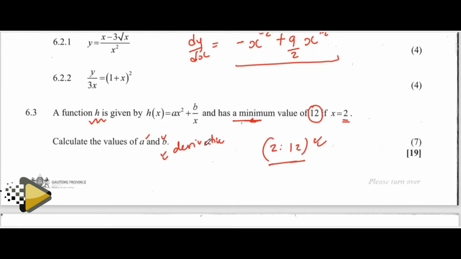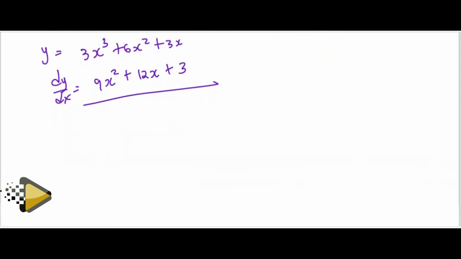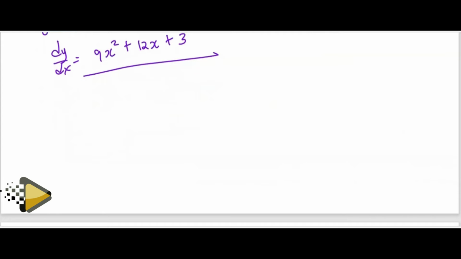Then going back to the derivative, we know that at the minimum or maximum, the derivative will always be equal to 0 if we replace the x as a 2. Okay, so what do we do first? I'm going to find the first derivative, just like I said.